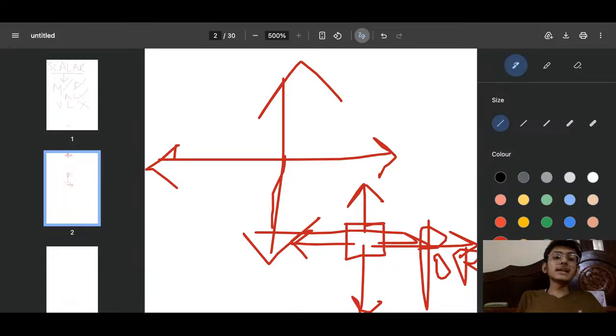But I am explaining the north, south, east, west with respect to me. If I am standing and explaining the north, south, east, west, then I will say that with respect to me, this direction is north, this direction is south, this direction is east, and this direction is west.